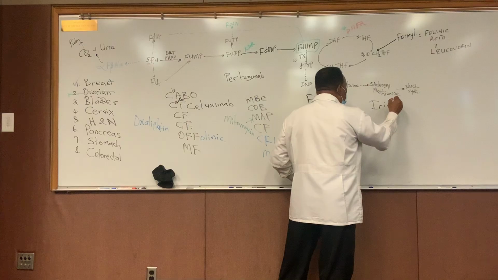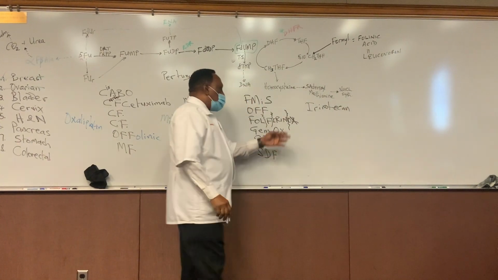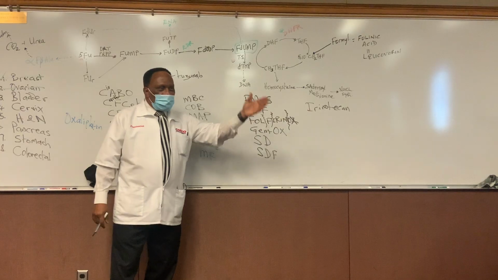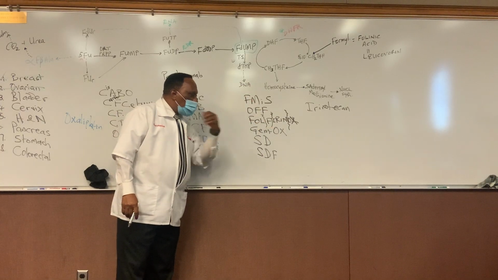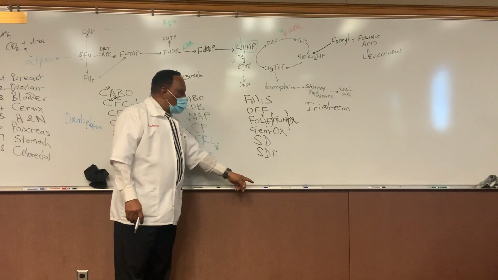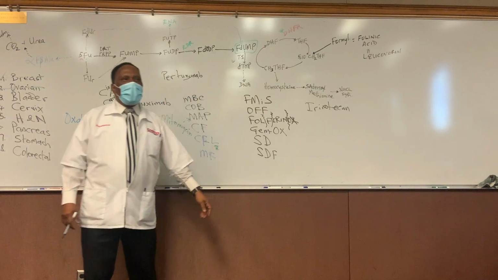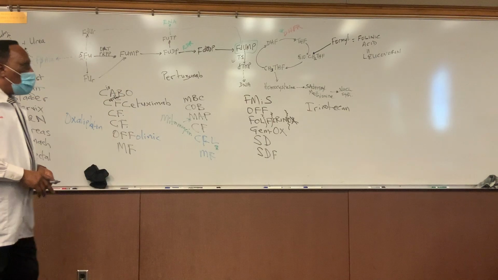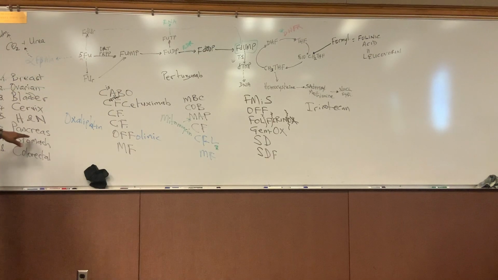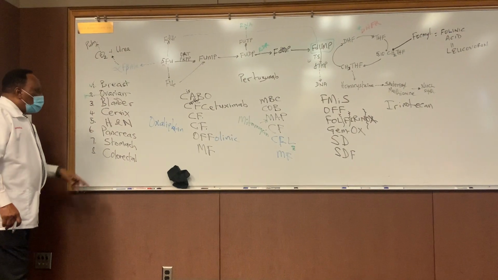So irinotecan, and then oxaliplatin, Gemox, gemcitabine, and oxaliplatin, and then streptozotocin, doxorubicin, streptozotocin, doxorubicin, and 5-FU. So those are combinations that are very good for pancreatic cancer.